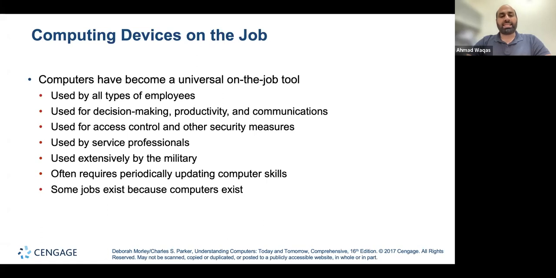Computers are used extensively by the military and often require periodic updating of computer skills. So some jobs exist because the computer exists, right? There are many jobs that are in existence because of this computer technology.